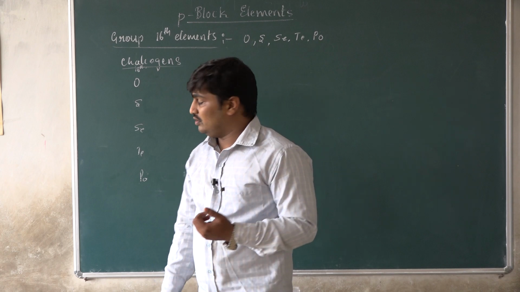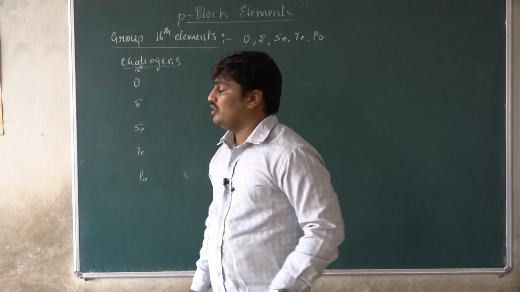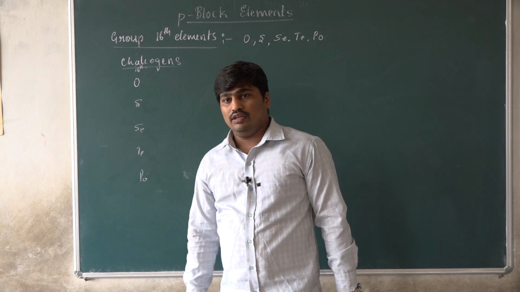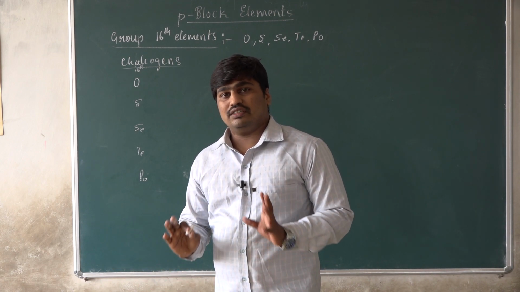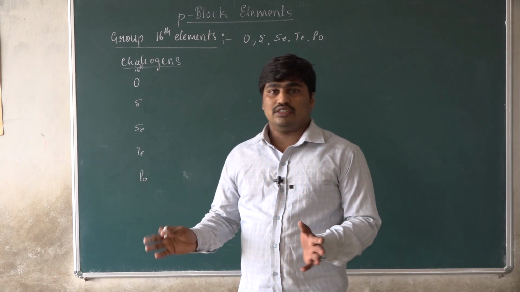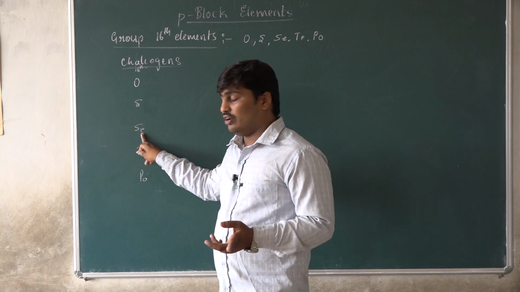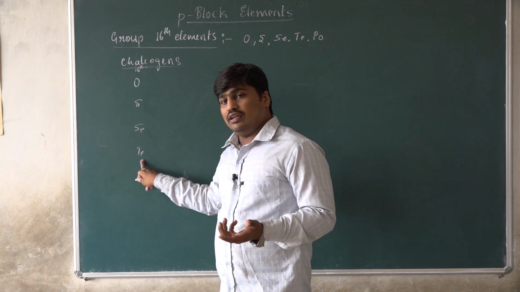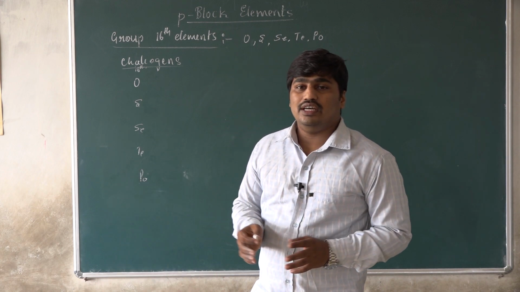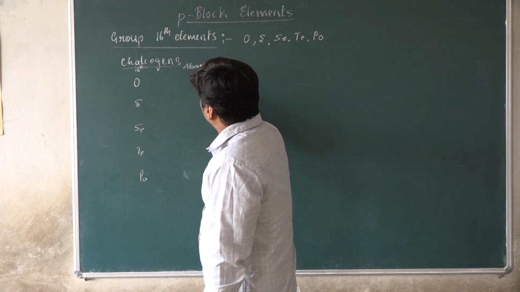Remember them by using another funny statement: "Our sir cell phone." Our sir: O for oxygen, S for sulfur, cell: selenium, Te for tellurium, phone: polonium. So these are the elements present in group 16.